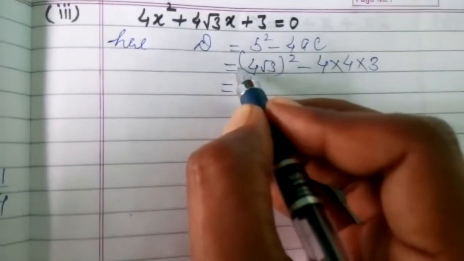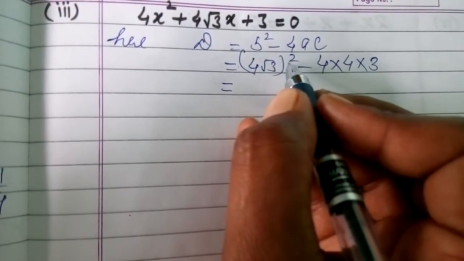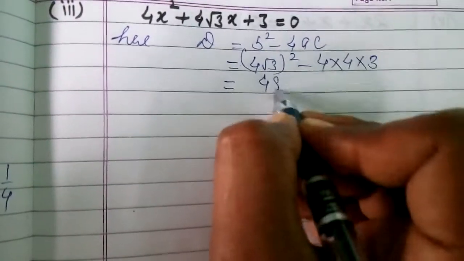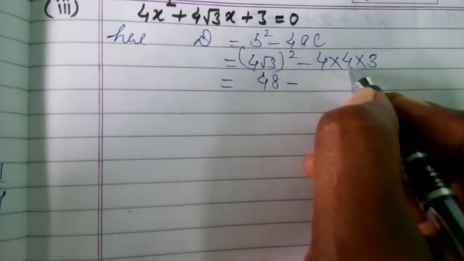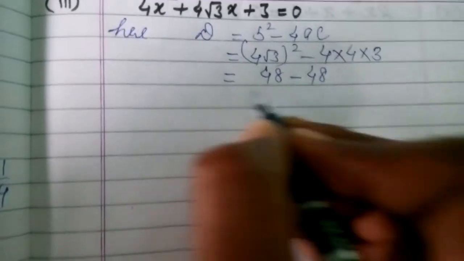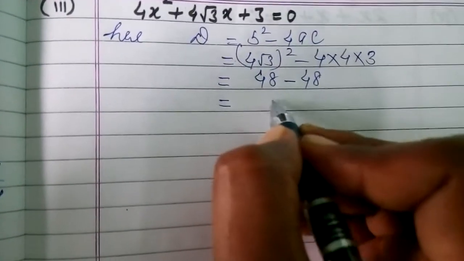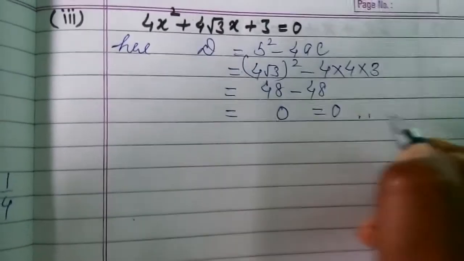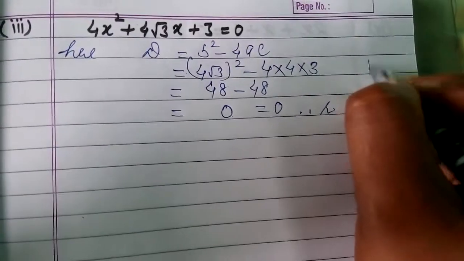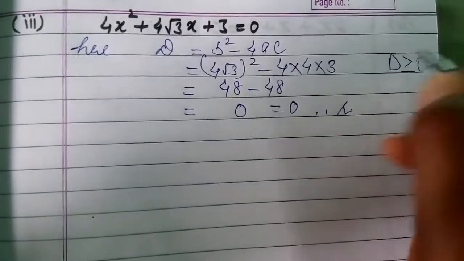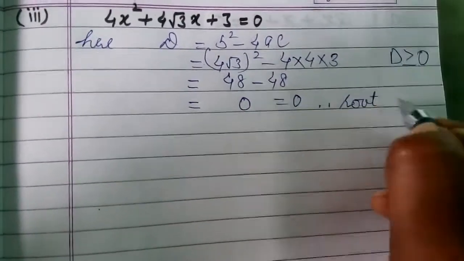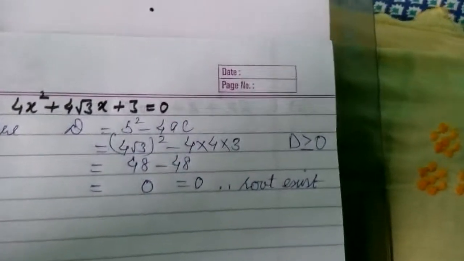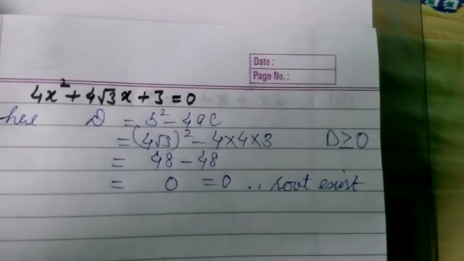Let us see: 4 fours are 16, root 3 into root 3 will be 3, so 16 threes are 48, minus 4 fours are 16 threes are 48. From here you can see that 48 minus 48 will be 0, which is equal to 0. Therefore root exists, because I have said that if d is greater than or equal to 0, the root exists.